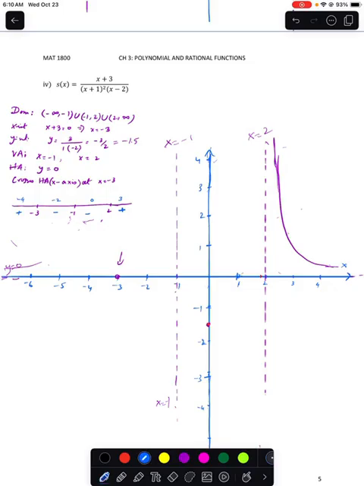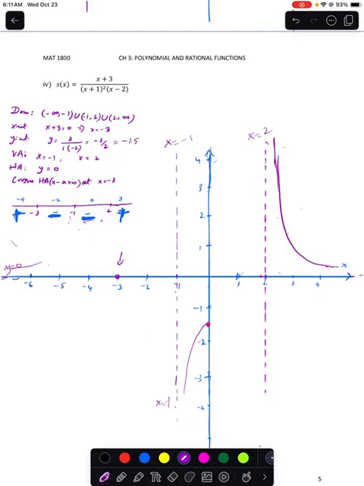So let me reinforce these signs. This is positive, this is negative, this is negative, and this is positive. So when it stays below the x-axis on the right-hand side, we cannot do it like the other one, because if we come from here like this, we are not going to go up across the x-axis, because we don't have an x-intercept in this region. So it means we have to turn back.